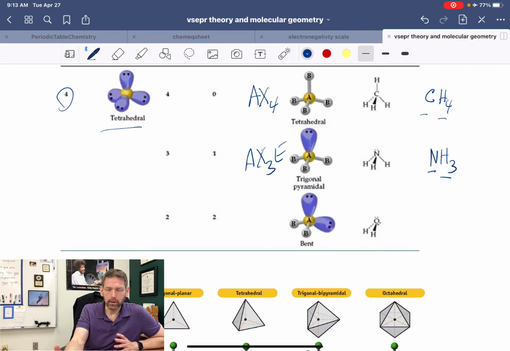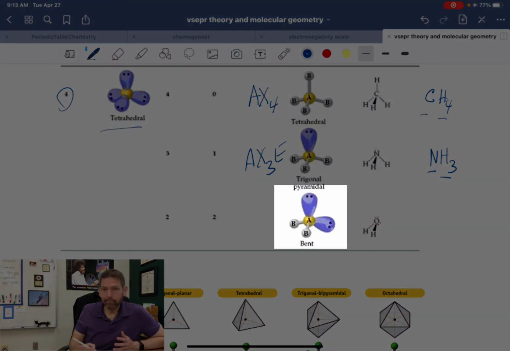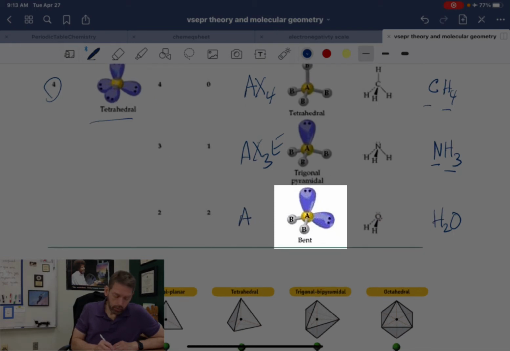Once you build something enough, you automatically know there's a lone pair there. And then the next one right here, we have dihydrogen monoxide, water, H2O. So there's an A, and then there are 2 B's, which is AX2.